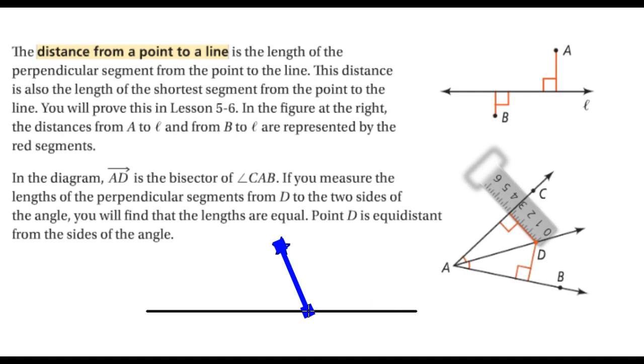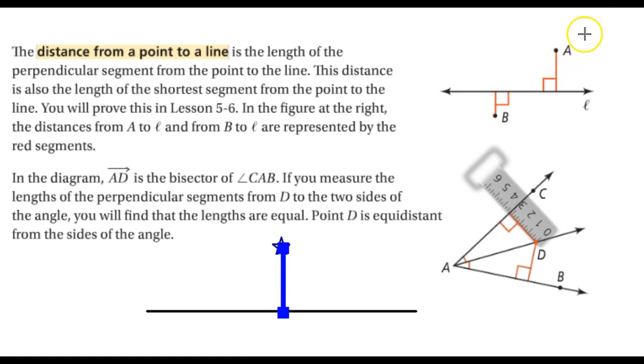So we need to have a definition of what does it mean for a point to be a certain distance away from a line, and how do we measure it? And so basically what this is saying, summed up, is that if you're talking about the distance from a point to a line, that means you're drawing a line that is perpendicular. You're measuring the distance of a perpendicular line from that point to the line.